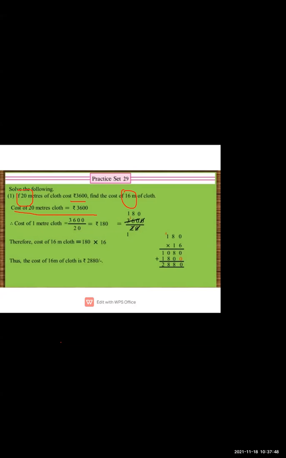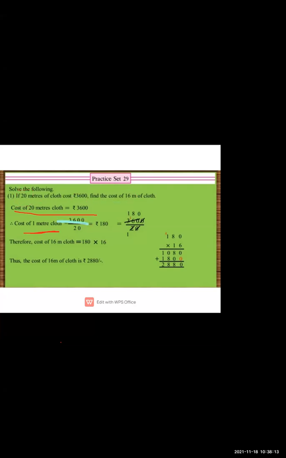3,600 rupees. So here we will divide, and we will come to know the cost of 1 meter of cloth. First we will find the cost of 1 meter. How will we find that?